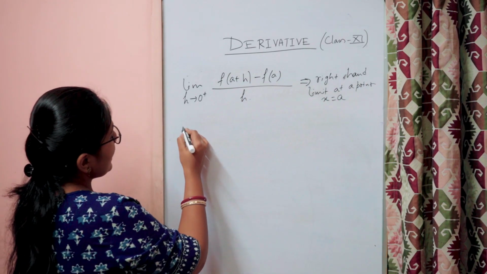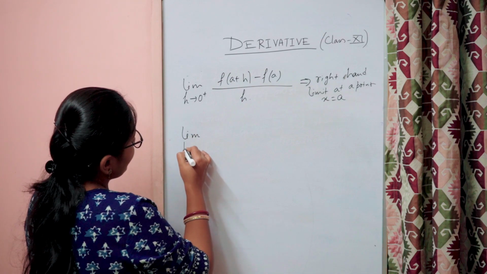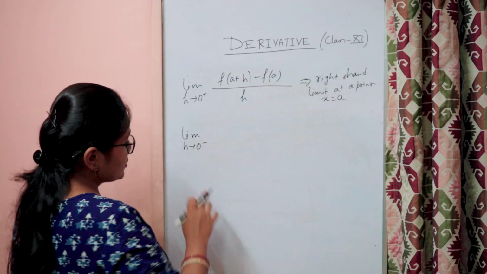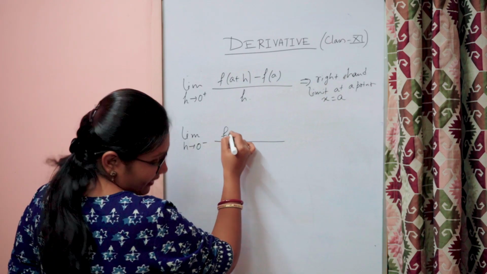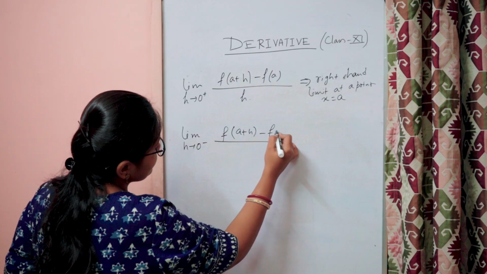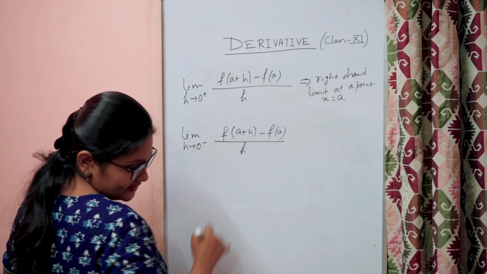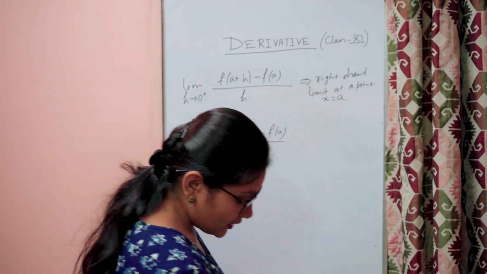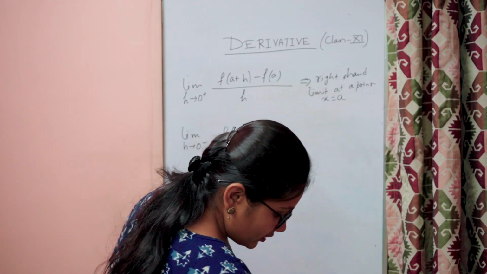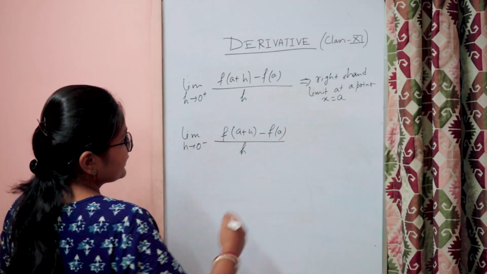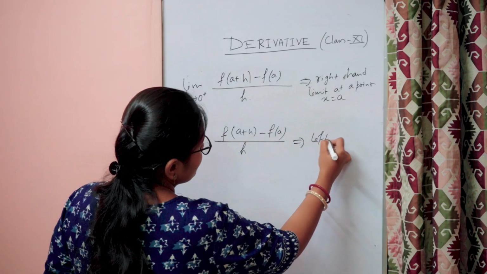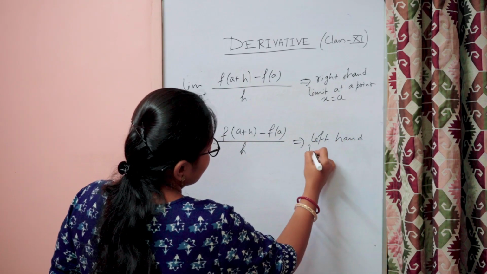Okay. Now, limit h tends to 0 minus, f(a plus h) minus f(a) by h is there, then it is called the left hand limit.